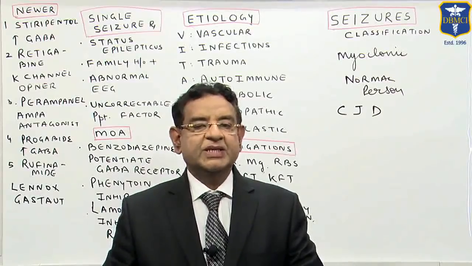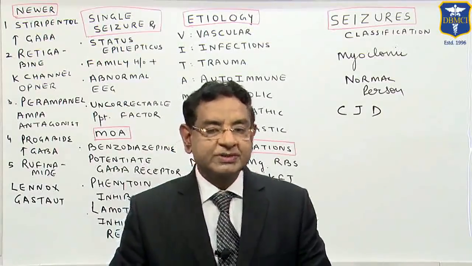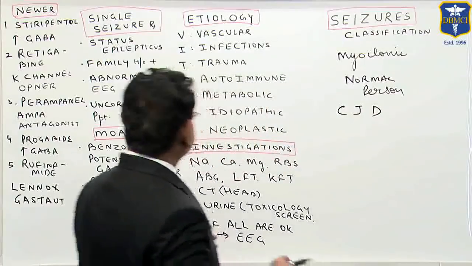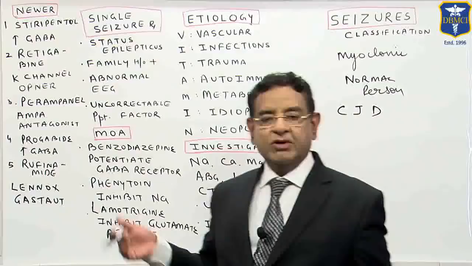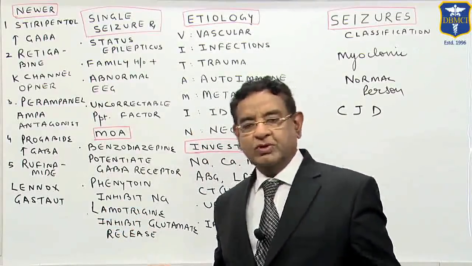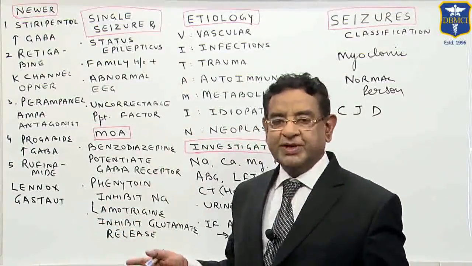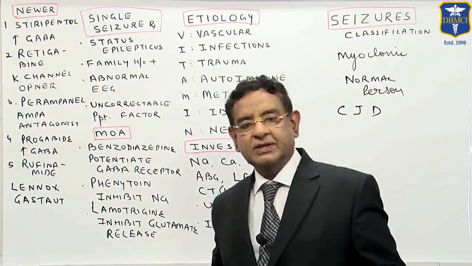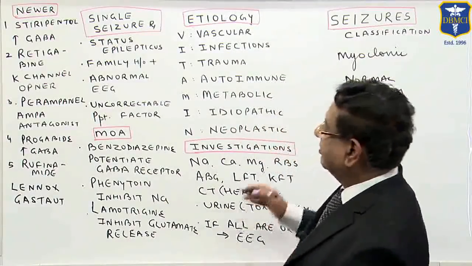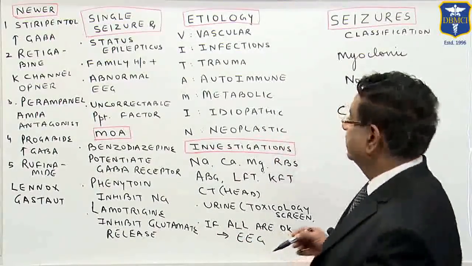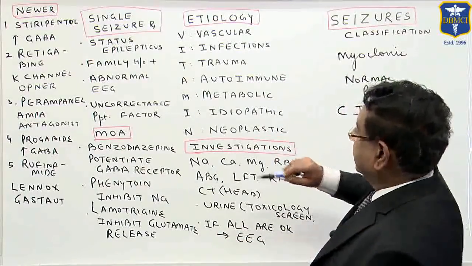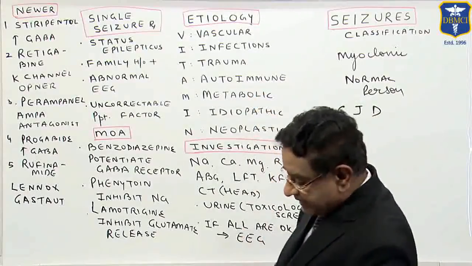Now let's see what are the causes of seizure disorder. So I have written this thing. You can take the printout, or those who are not having printout, you can stop the video and first note it down. Okay, so now then you can start the video again. Well, what is the etiology? This mnemonic is there.